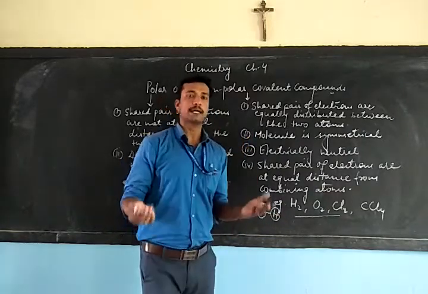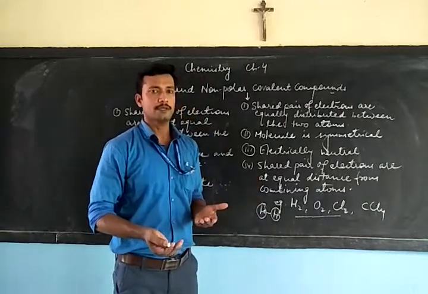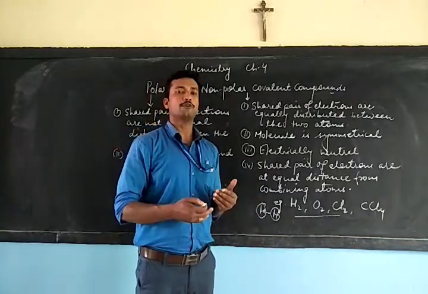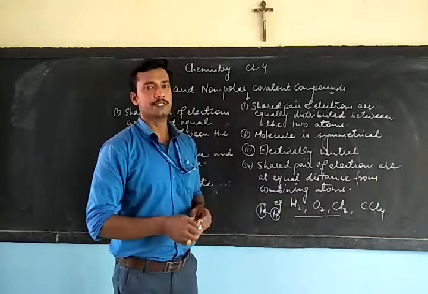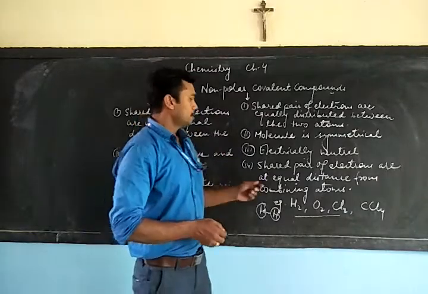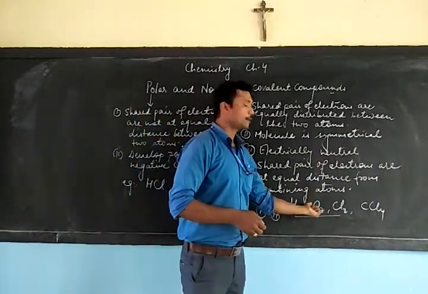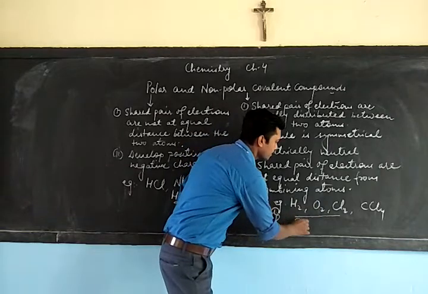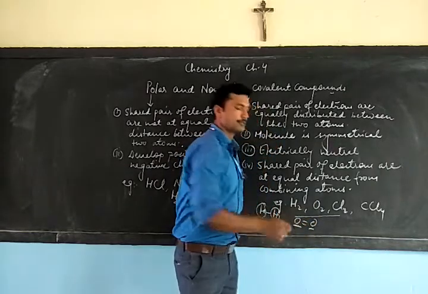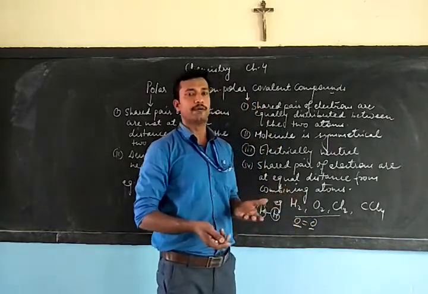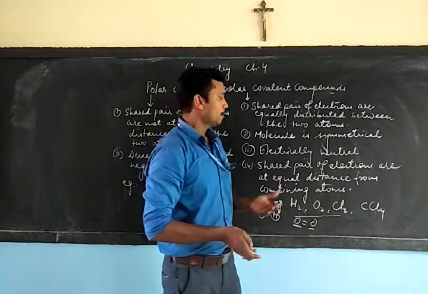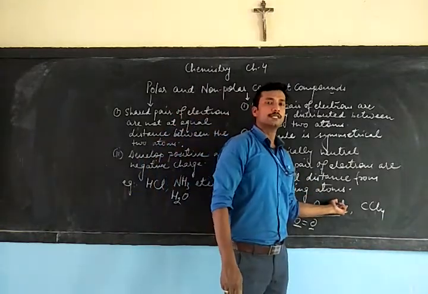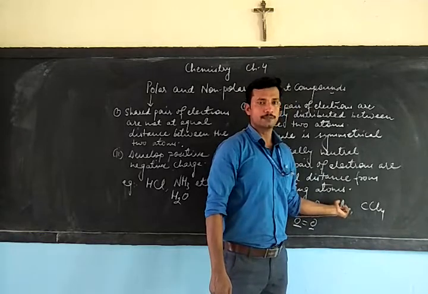So the force of attraction gets neutralized, and as a result the shared pair of electrons lies at the same distance only. You can see oxygen also has two identical atoms. Two oxygen atoms, they are identical. Again the force of attraction will be the same. Chlorine also has the same identical atoms.